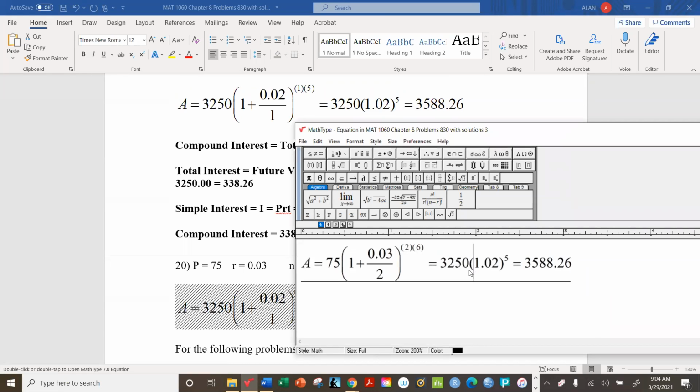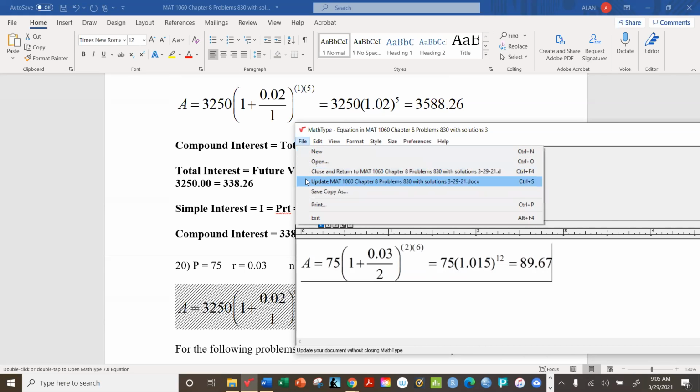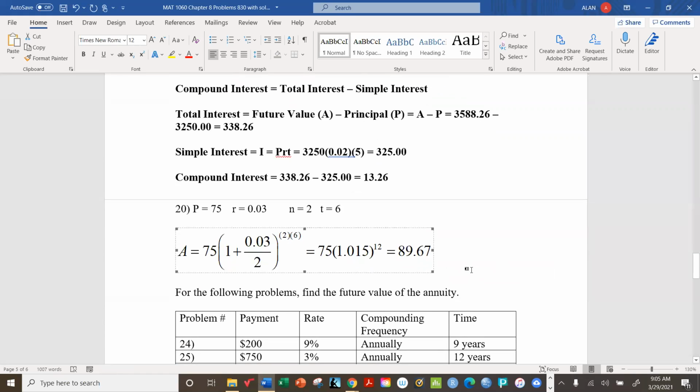So what we actually have here is the equivalent of 75 times 1.015 raised to the 12th power. 89.67 is the final result. Okay, so it's a small investment, but it grew to 89.67, and now the rest of the details will follow along what we did here.